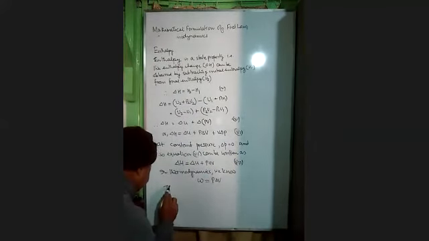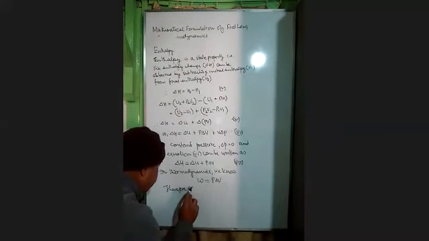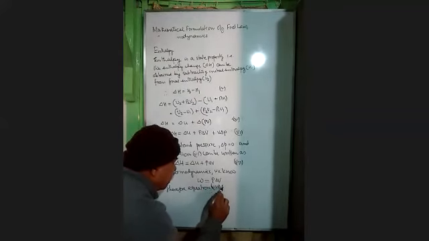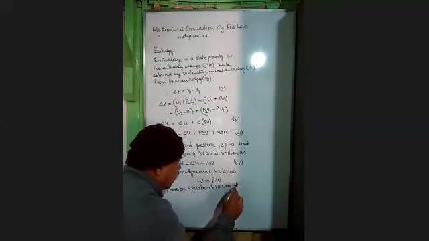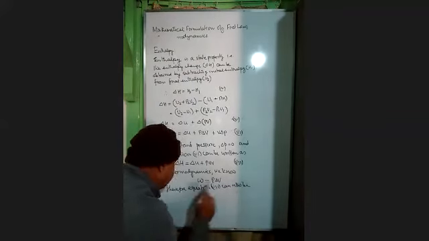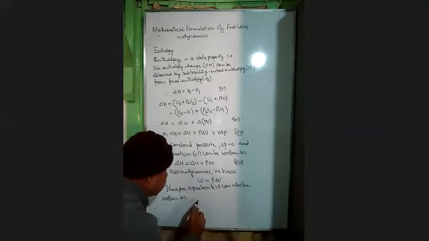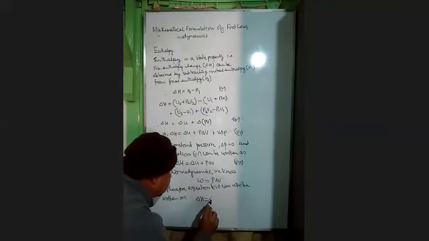Therefore, equation 7 can also be written as delta H is equal to delta U plus W.